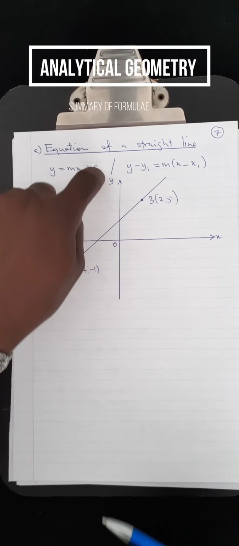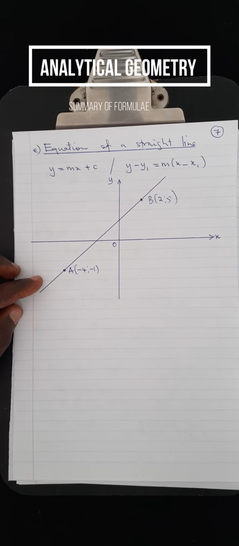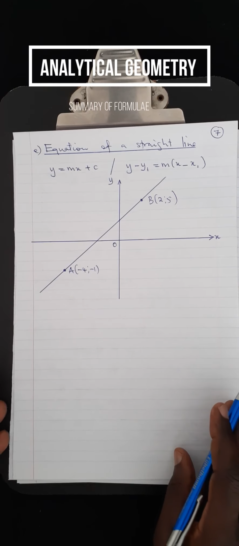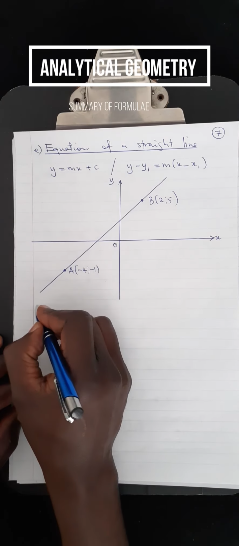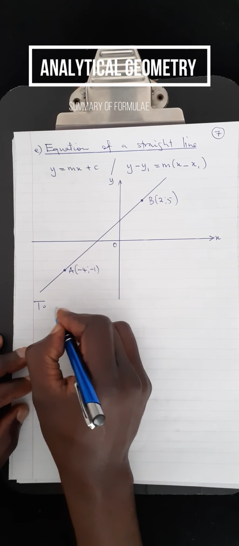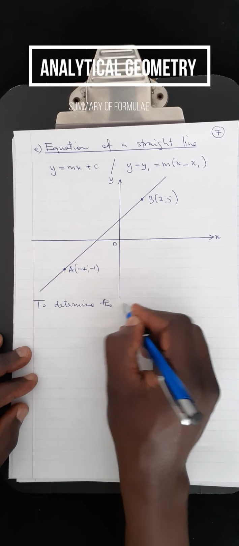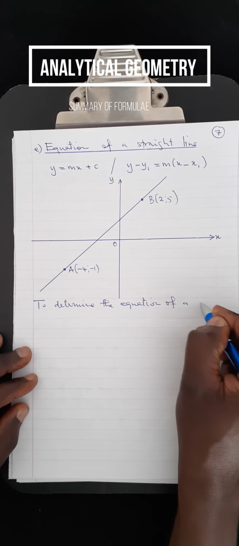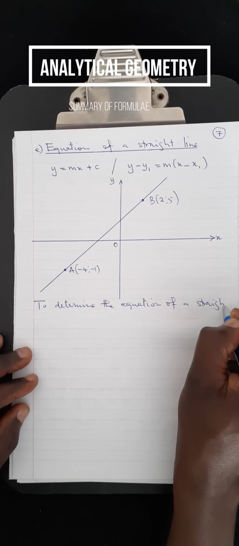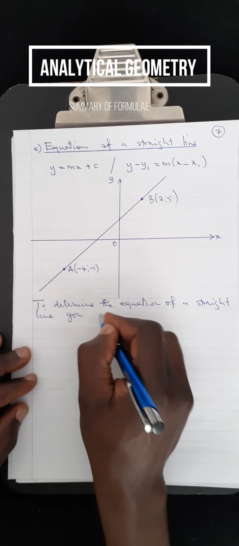So given these coordinates, how do I find the equation of the straight line? Let me emphasize this, that for you to find the equation of a straight line, you need two things. Let me write down here. To determine the equation of a straight line, you need two things.